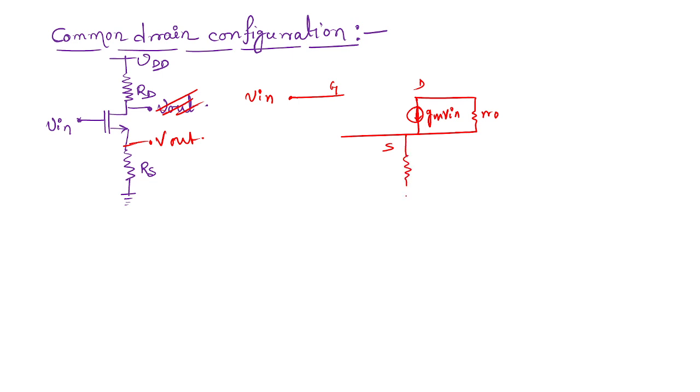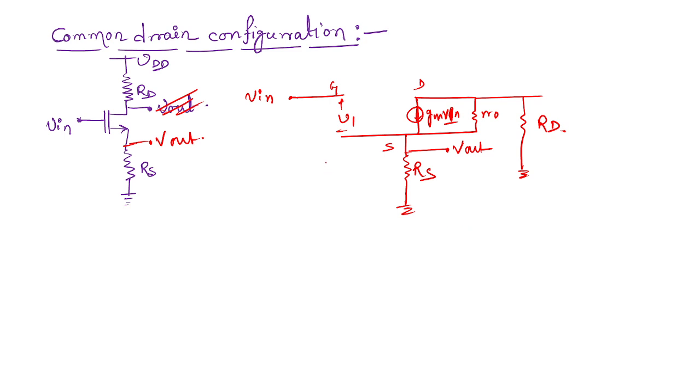Okay, here Vout is present, RS, this is, sorry, this will be V1, not Vin. Okay, so this is V1 and this is RD. Okay, now let's solve the problem.